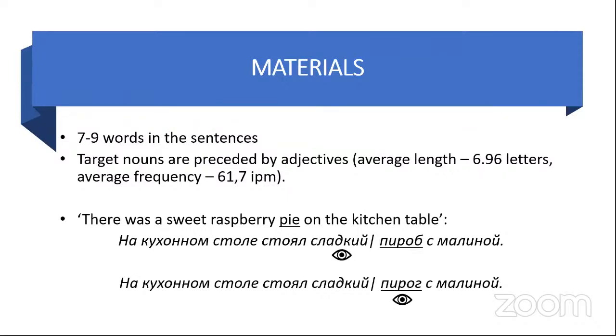And we see that when the reader's eyes are to the left of this boundary, for example, when they are on the word "sladky", the reader sees another word instead of the target word. There is a preview pirog in the parafoveal region. And then when the reader's eyes cross this boundary, the preview changes to the target pirog.